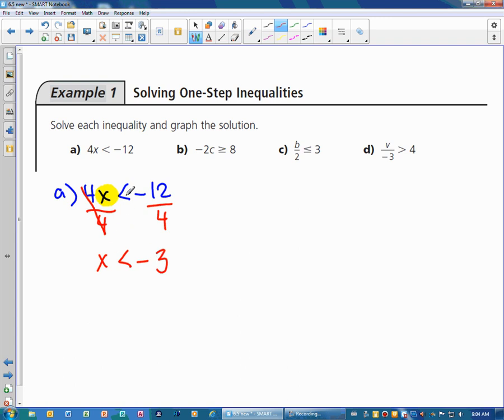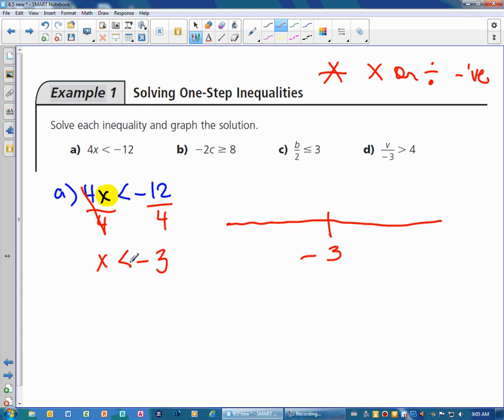Now, do we have to switch the direction of the sign? Hopefully you're thinking, no, we don't, because I was dividing by a positive. The thing we have to watch out for is multiplying or dividing by a negative. So we're okay here. All right, what is the number line going to look like? The only number I care about is negative 3.